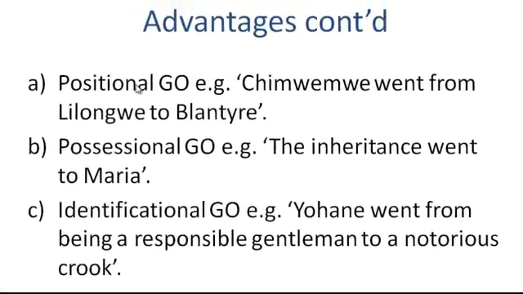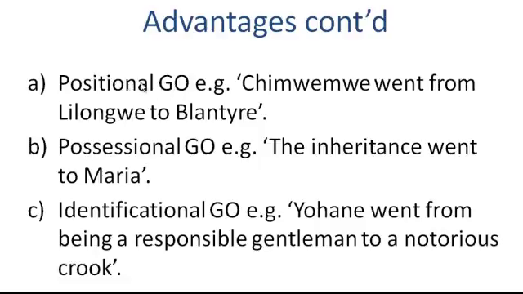So consider the word go in terms of position. When we consider the word go, we normally think about the position, maybe of an individual, the position of a person, the position of an object.